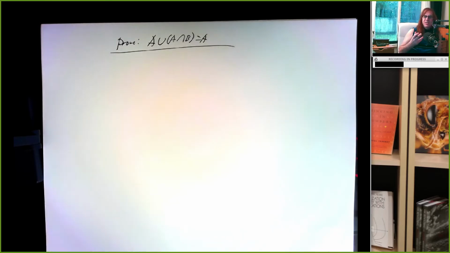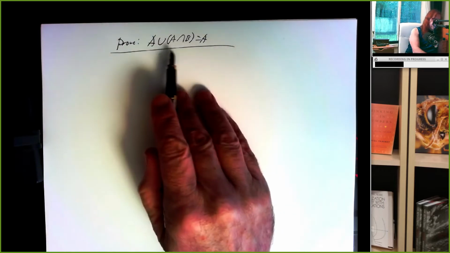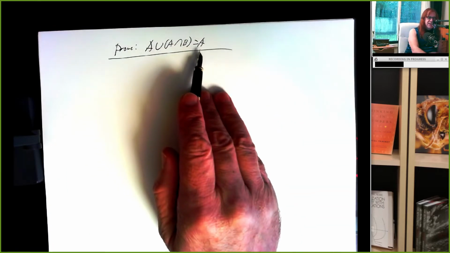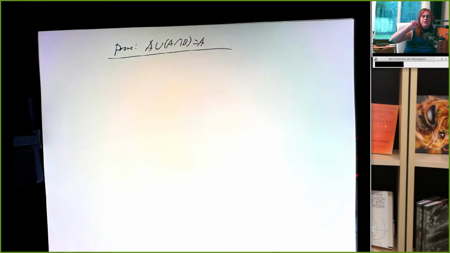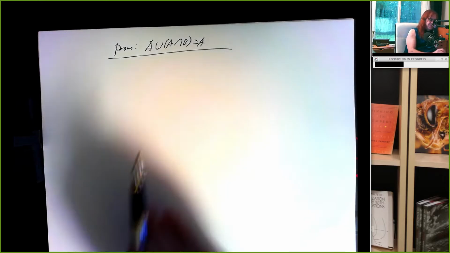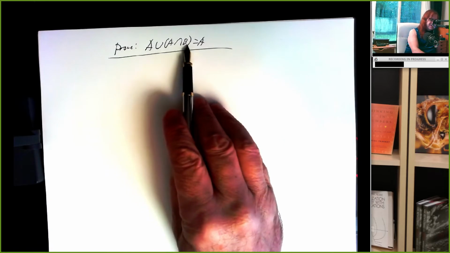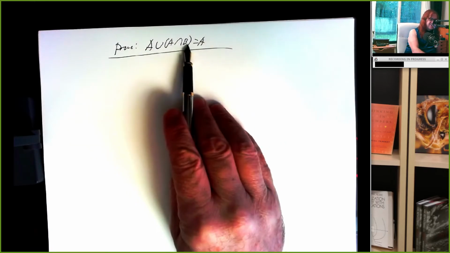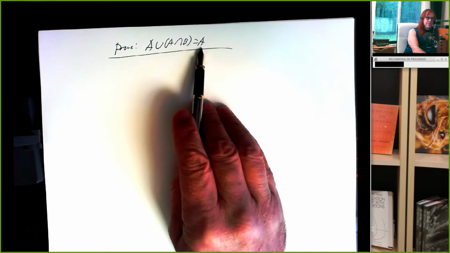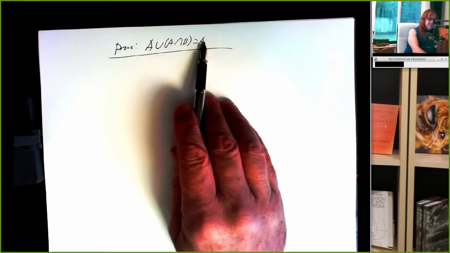So we've got two sets A and B. Okay, remember from Monday what it means to say that two sets are equal. It means they have exactly the same elements. So if we pick any element in the universe, exactly one of two things should be true. Either, if that element is contained in here, it's also contained in here. Or that element is not contained in here, and it's also not contained in there. If we can show that that's always true, then we can say this is equal to that.